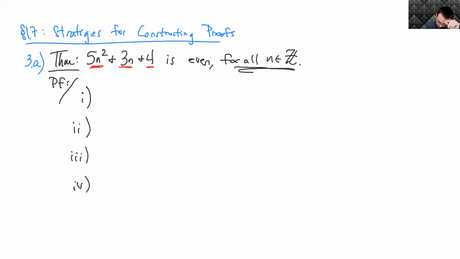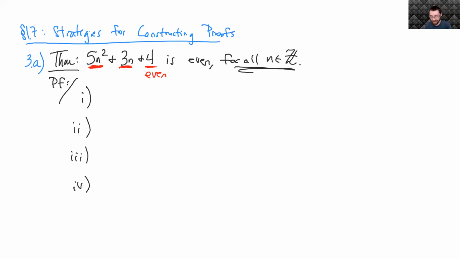What I'm thinking about is, is it true that each of these pieces is even? If each of the pieces is even, we know a sum of even numbers is even, so that would be fine. 4 is definitely even. 3 times n, though, might not be. And similarly, 5 times n squared might not be. So we'll have to get a little creative.